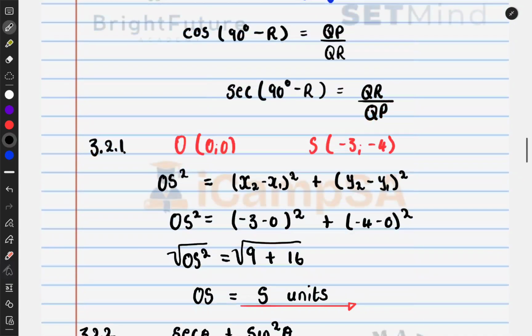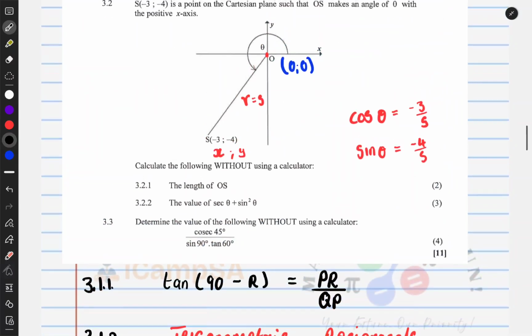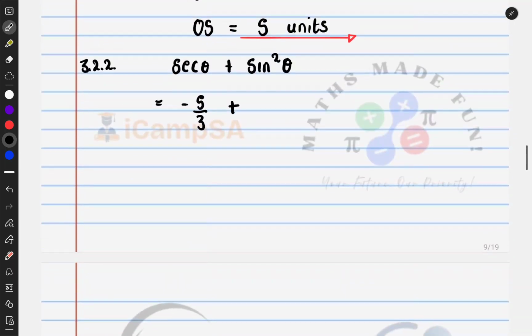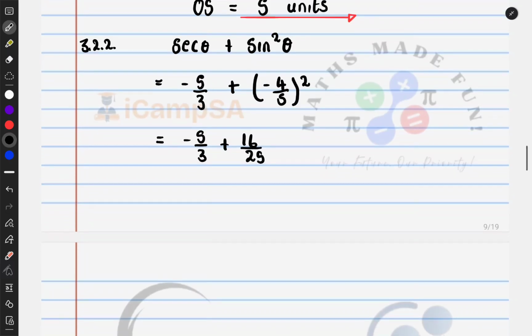Plus the ratio of sine theta, we take it as it is. It's negative 4 over 5 squared. So we're going to have negative 4 over 5 squared. This is equal to negative 5 over 3 plus 16 over 25.